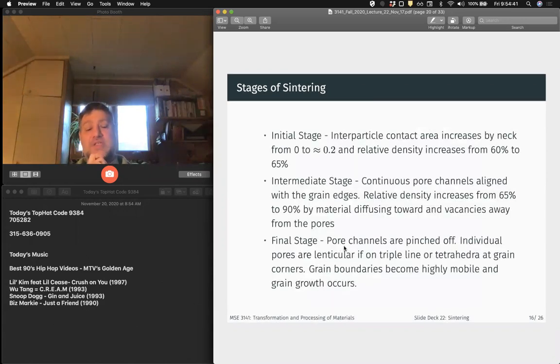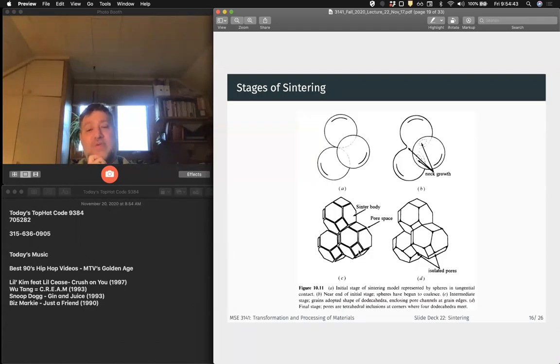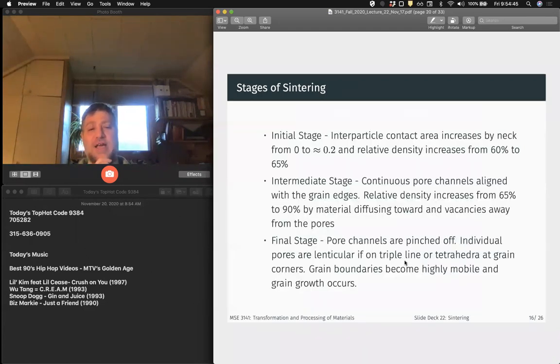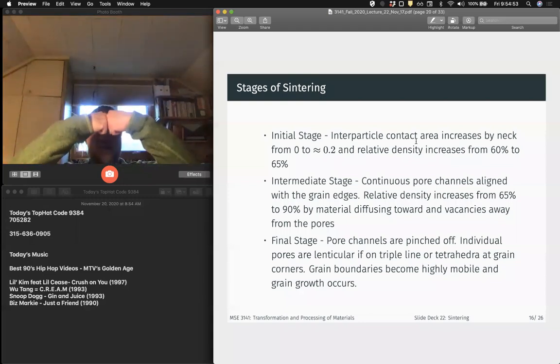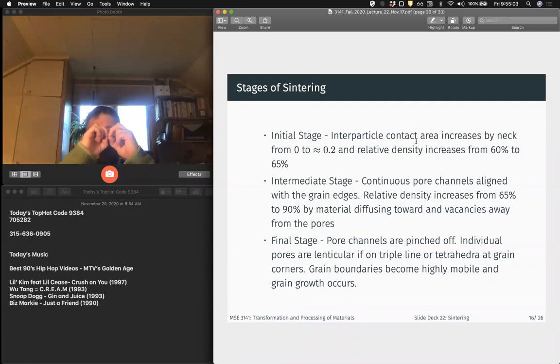Okay. So this is broken up into stages, right? We call this initial stage, intermediate stage, and final stage sintering. So the initial stage is where the interparticle contact area increases by neck formation, and the contact area increases from 0, just tangentially touching, to about 20%. And the relative density is going to increase from about 60% dense to 65% dense. Why do we start at 60%?